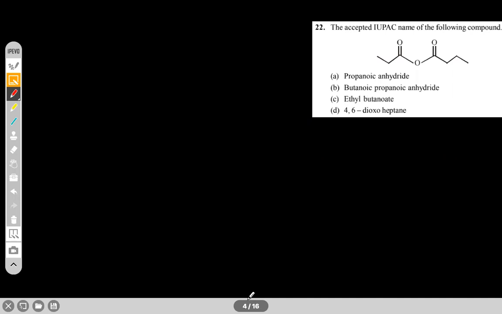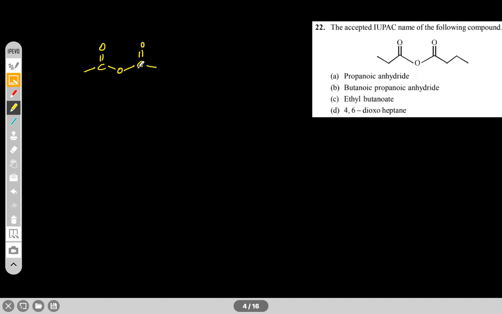Okay. 22nd one, you see, it is an anhydride. Anhydride functional group is this: C double bond O, O, C double bond O R, like this. So it is a functional group, which we call anhydride.